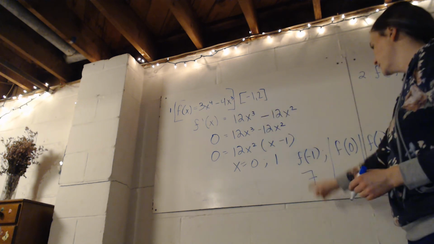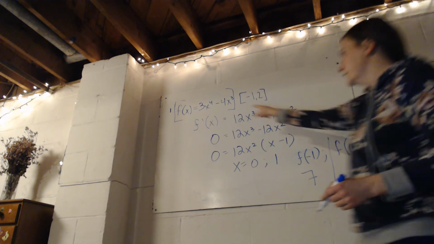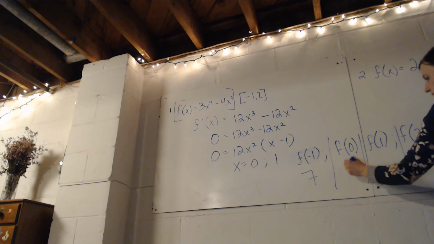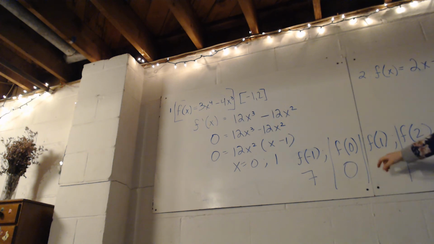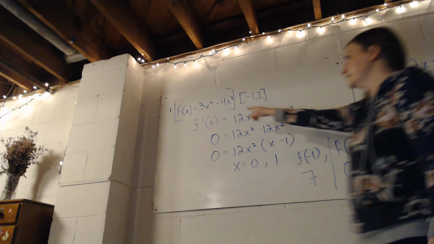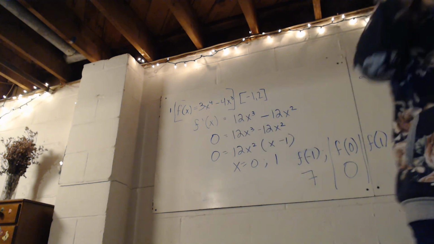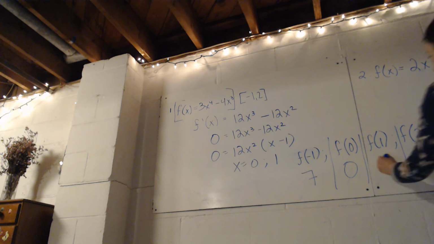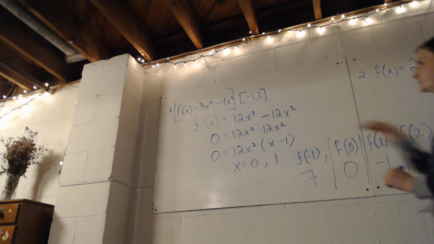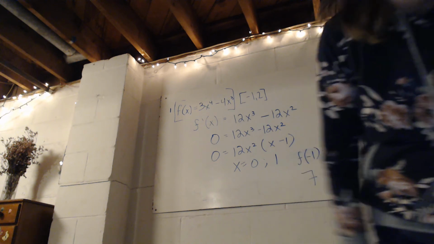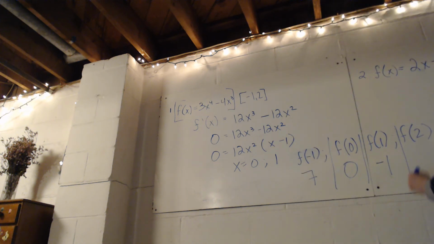Then my next value is 0. So if I put a 0 in here, I can see that I get 0, right? So that's what I get. Then I put a 1 in here. And so if I put a 1 in here, I'm going to get -1. And then I go for 2. If I put a 2 in here, this time I have to look at the book. If I put a 2 in here, I end up with 16.